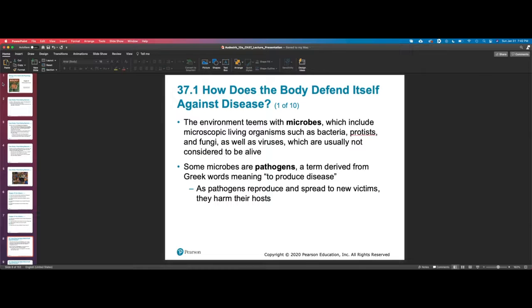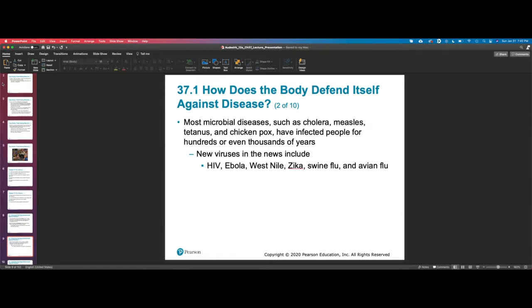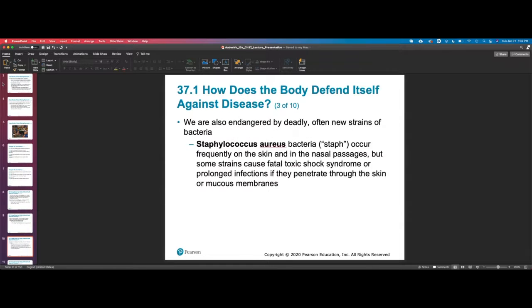And so microbes that cause disease are going to be pathogenic, and by disease it means that they damage tissue or damage cells. We did talk in the past about harmless bacteria, or potentially beneficial bacteria.